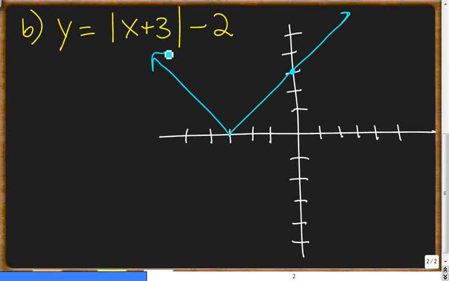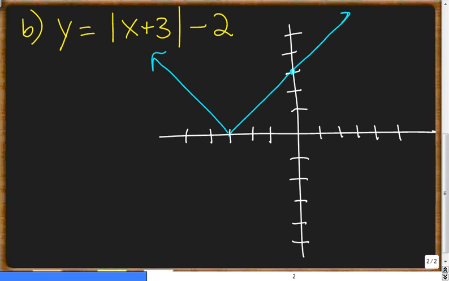Okay, now that's the absolute value, right? That's what that is. Now, this minus 2 up here is not in that range, right? What the negative 2 is doing is it is lowering all of our values by 2. So what we need to do is take this graph and lower it by 2.